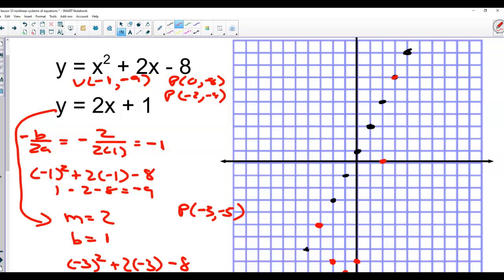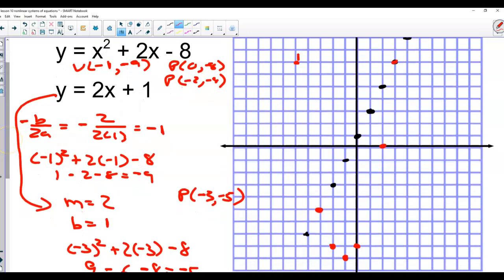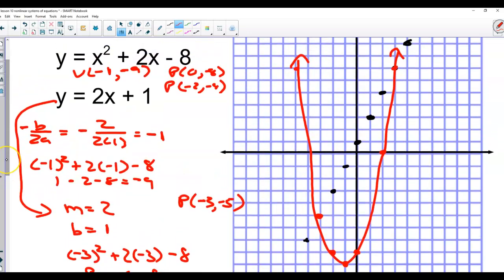And if I want to make a neat graph, here's my vertex. I went over 4 points to get to the 3. 1, 2, 3, 4. That'll help my drawing out a little bit. We can draw the vertex in. I would also, in the end, draw the line in.